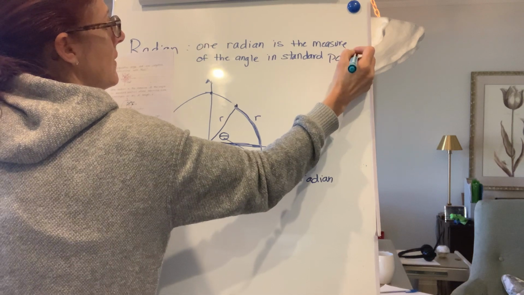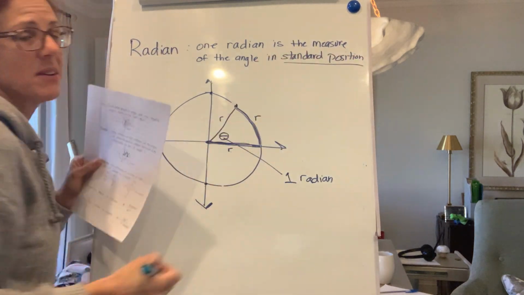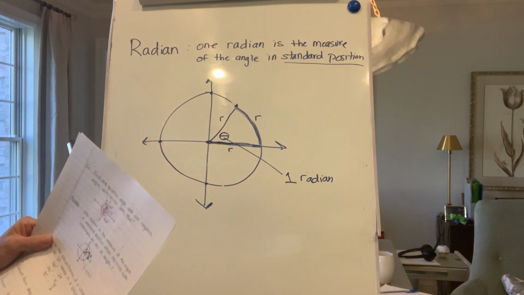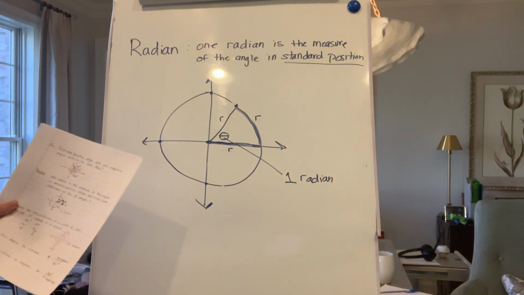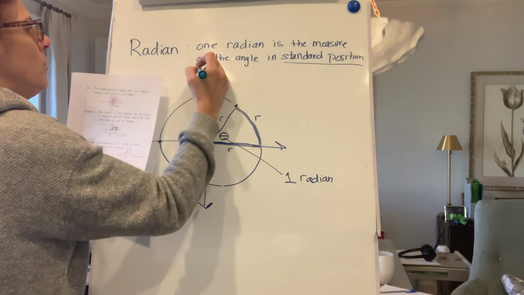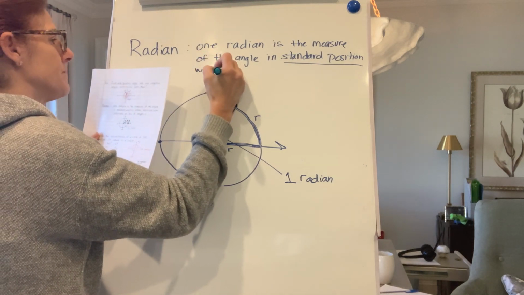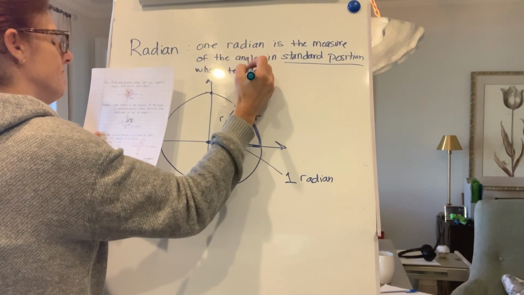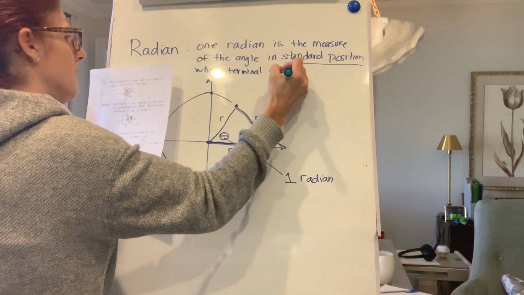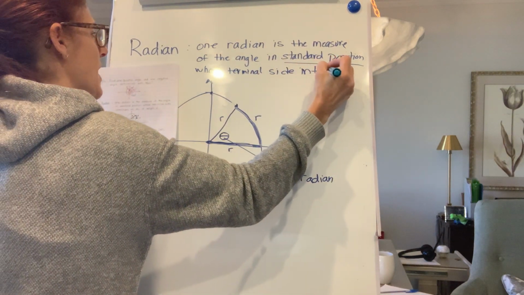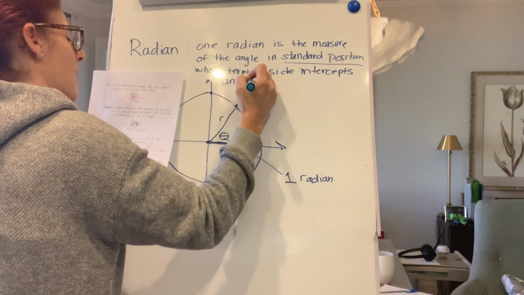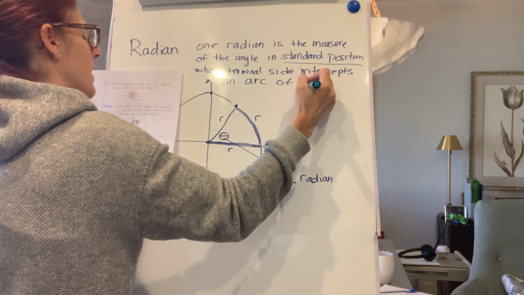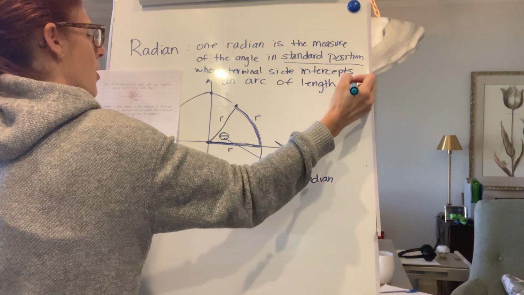That's important, actually, that we're talking about angles in standard position, because that's why when we're in geometry we use degrees, because we're not really talking about angles in the coordinate plane, whose terminal side intercepts an arc of length R.